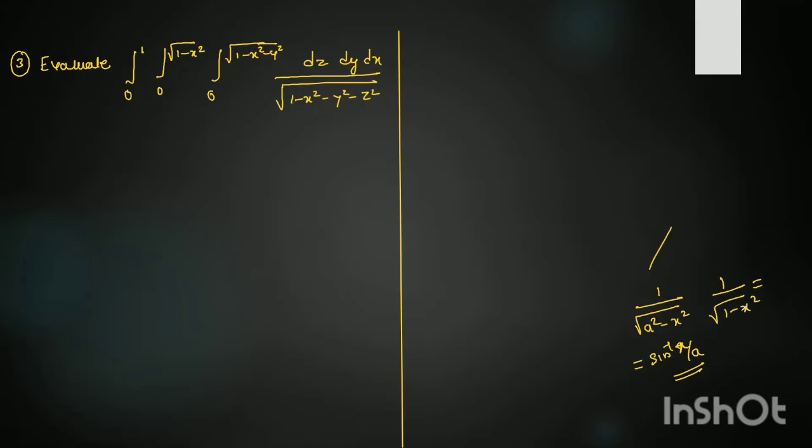Yes, sir. For example, if I take all the terms, x square minus y square, z square, as k, so that will be a constant, which is a function of 3 variables, correct? But what about the limits? Limits will be the same.